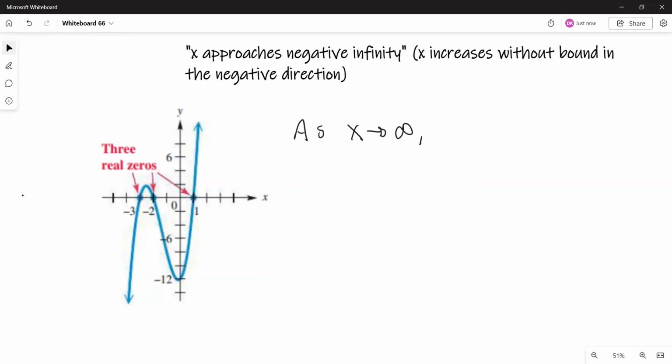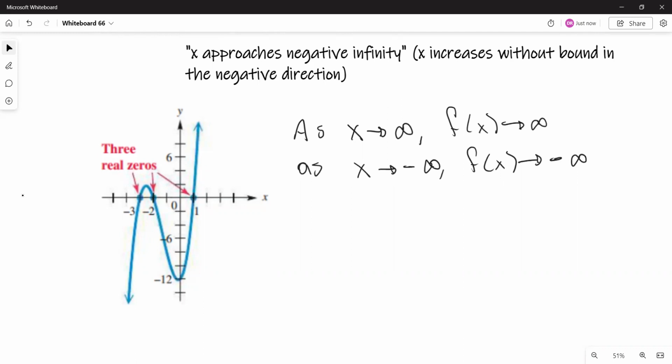In more mathematical terms, as x approaches infinity, the graph approaches infinity. And the graph falls to the left. So as x approaches negative infinity, f of x approaches negative infinity.